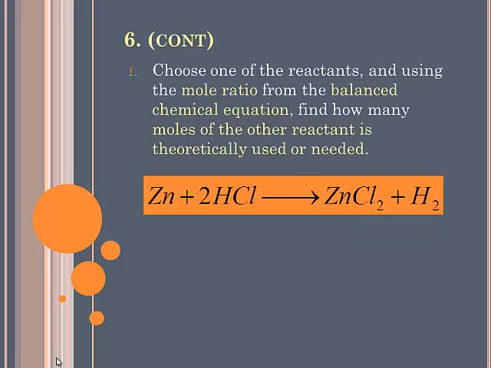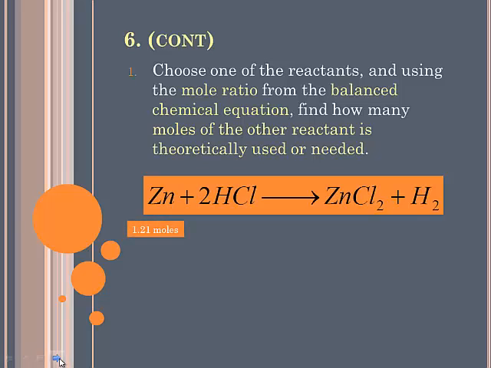Now you're going to choose one of the numbers that you're given. And using the mole ratio from the balanced chemical equation, we're going to calculate the other one that you would theoretically need in order to react all of the one that you chose.